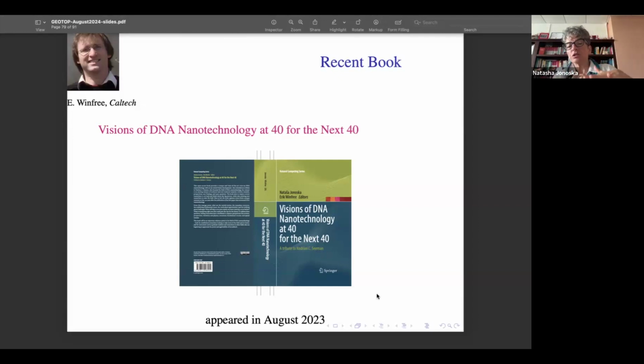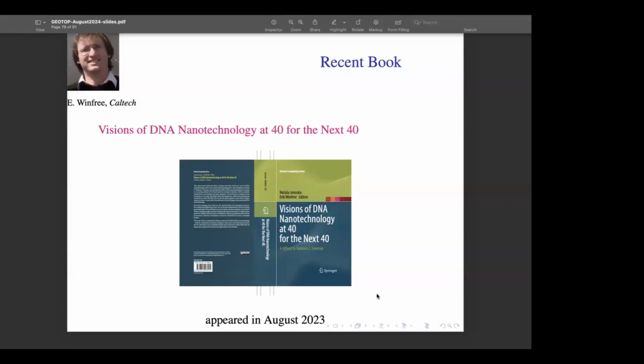So DNA origami is used as a scaffolding for other nanomaterials, in particular metal organizations and nanowires. I see.